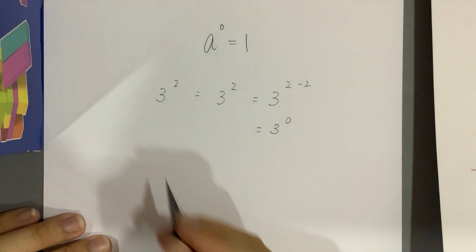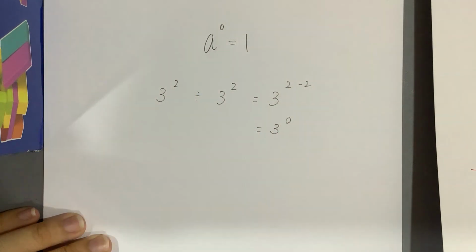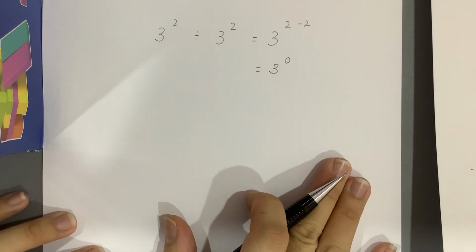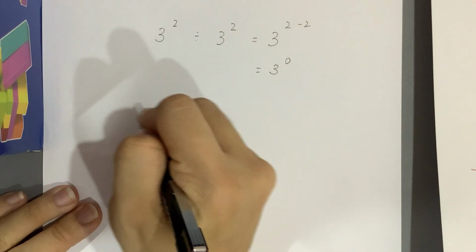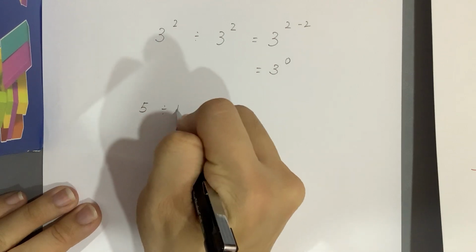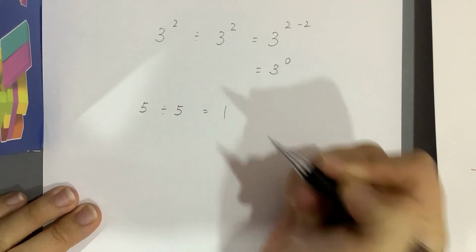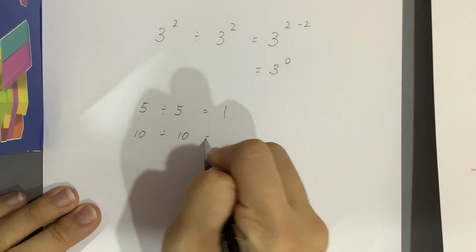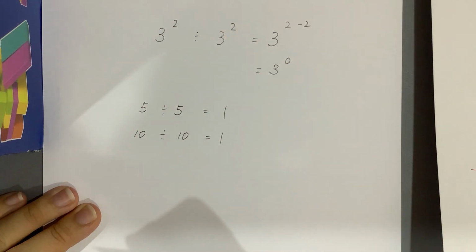Now, we go back to the basics of math. In primary school, you will have learned that if I have 5 divided by 5, the answer is 1. 10 divided by 10, the answer is 1.